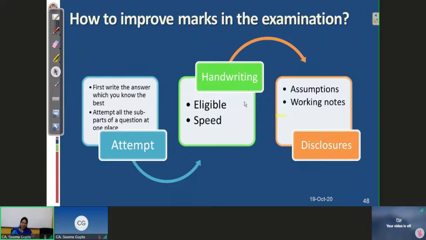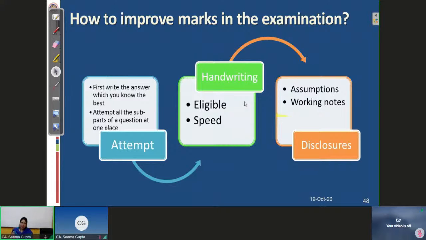One can solve like this, but the other can solve like this, and both alternative approaches are perfectly correct. In that case, the evaluator will give marks to you only if you disclose the method or approach adopted by you. So this is a basic requirement.